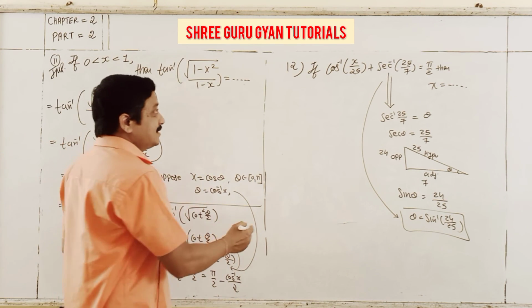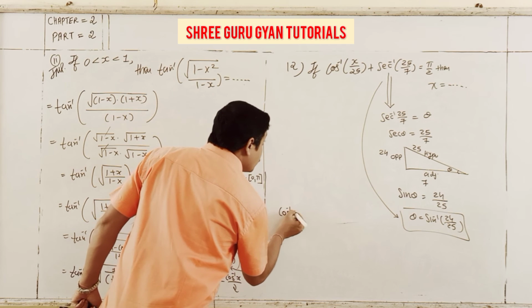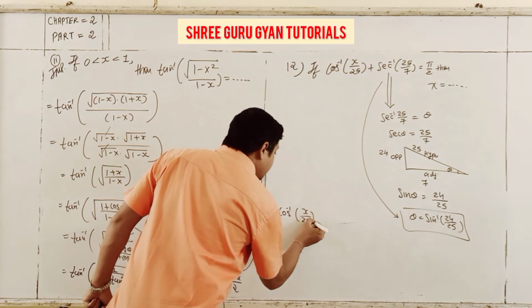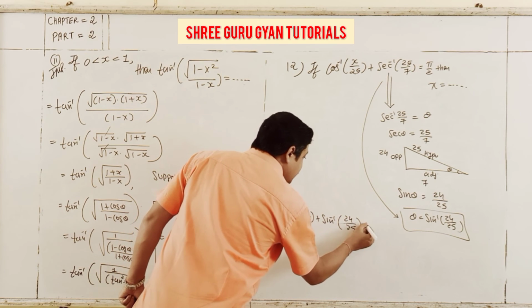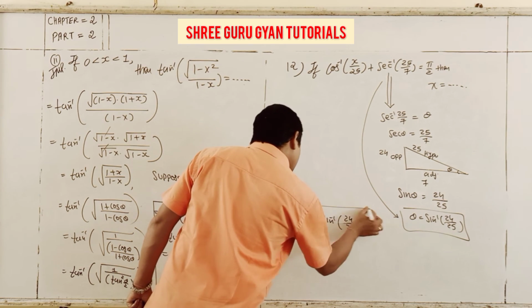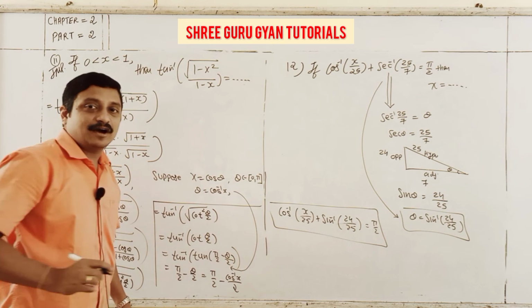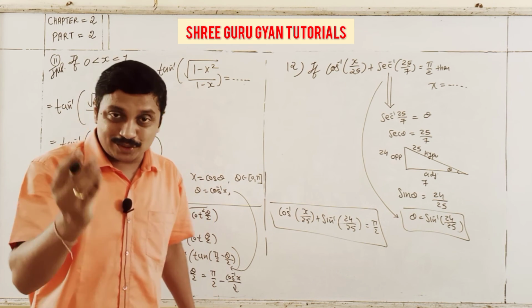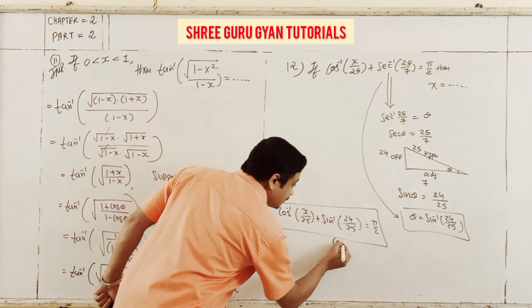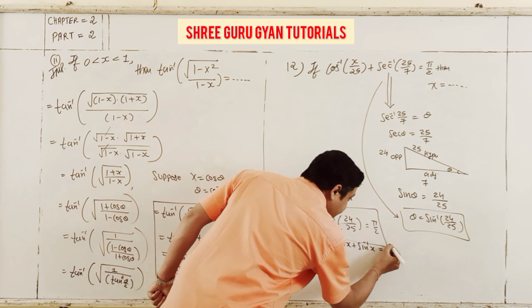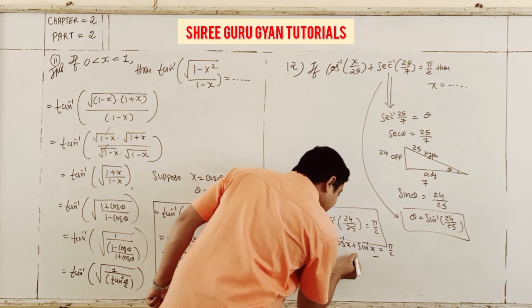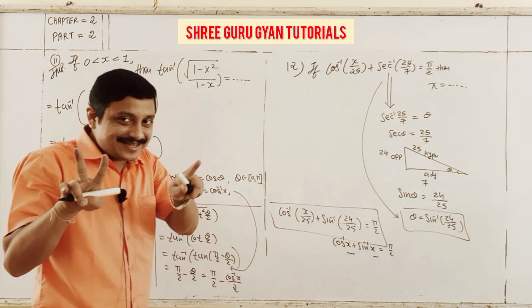Look at that: cos inverse x by 25 plus sin inverse 24 by 25 is equal to pi by 2, and that is your property. Our theorem number 3, if you know, cos inverse x plus sin inverse x is equal to 90 degrees. It means this x and this x are the same.